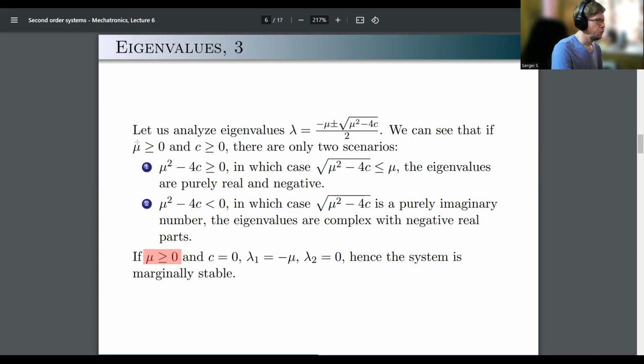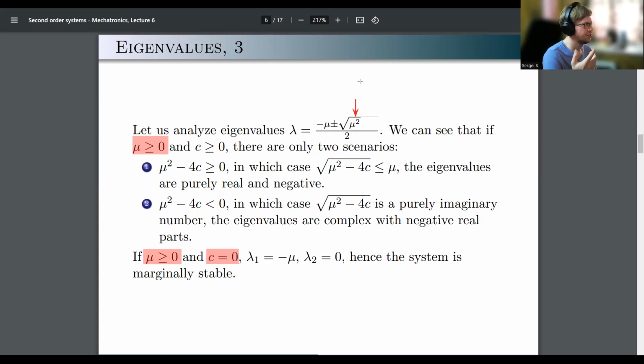Now, if mu is still positive, but let's say c is equal to 0. So c equal to 0 means that here we have a simpler expression. Then you can notice stuff becomes a little bit obvious. In fact, this guy here is plus or minus mu, because mu squared is always positive.